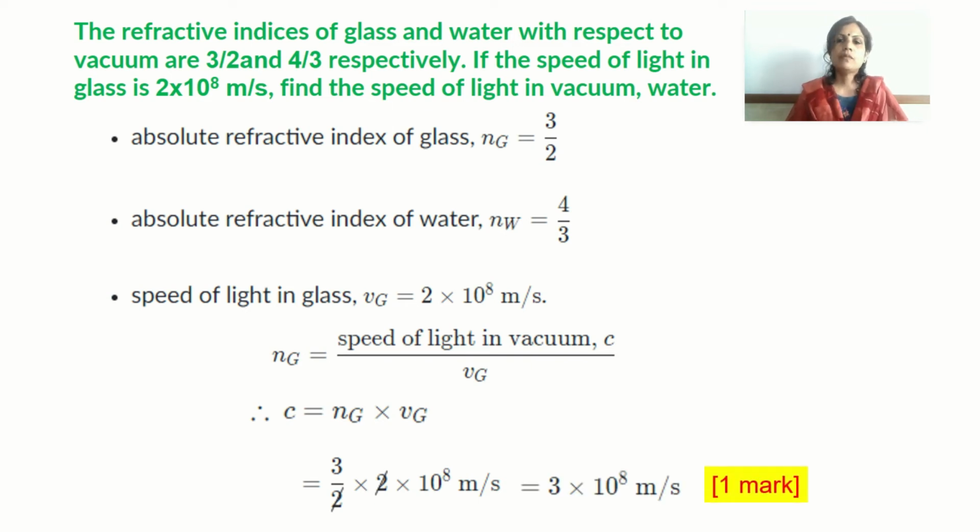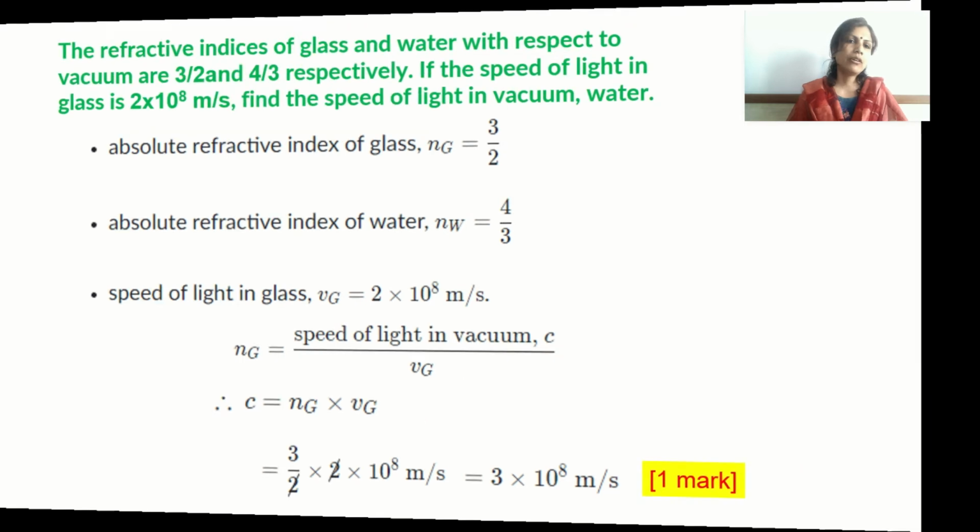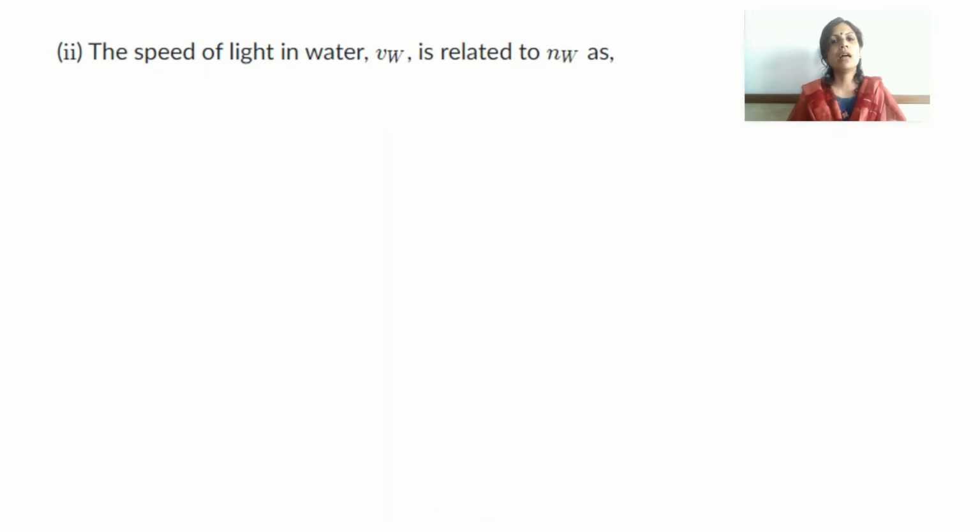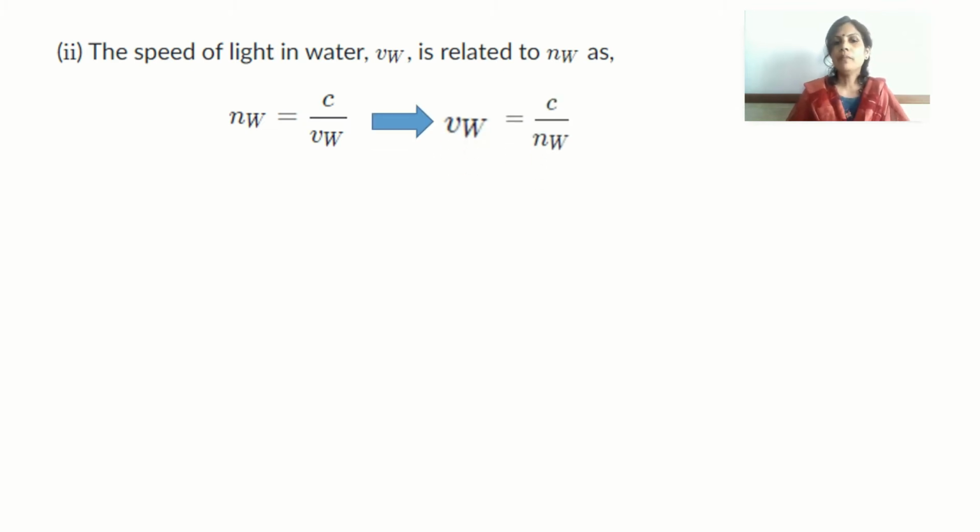Let's now find out speed of light in water, and for that also we will make use of absolute refractive index of water. So Nw is equal to C upon Vw. Since we have to find out speed of light in water, so we need to change our formula. So our formula will be speed of light in water is equal to C upon Nw.